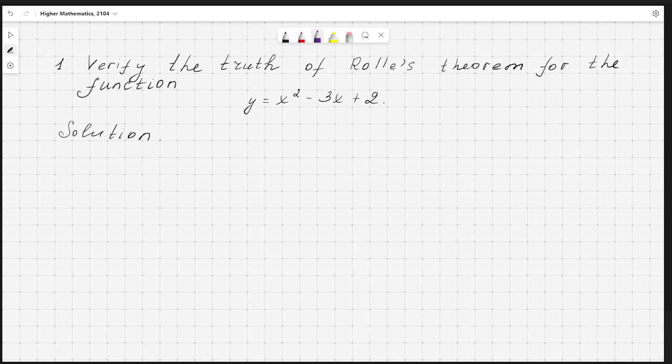I gave this theorem for you in our lecture. But I recall this here.